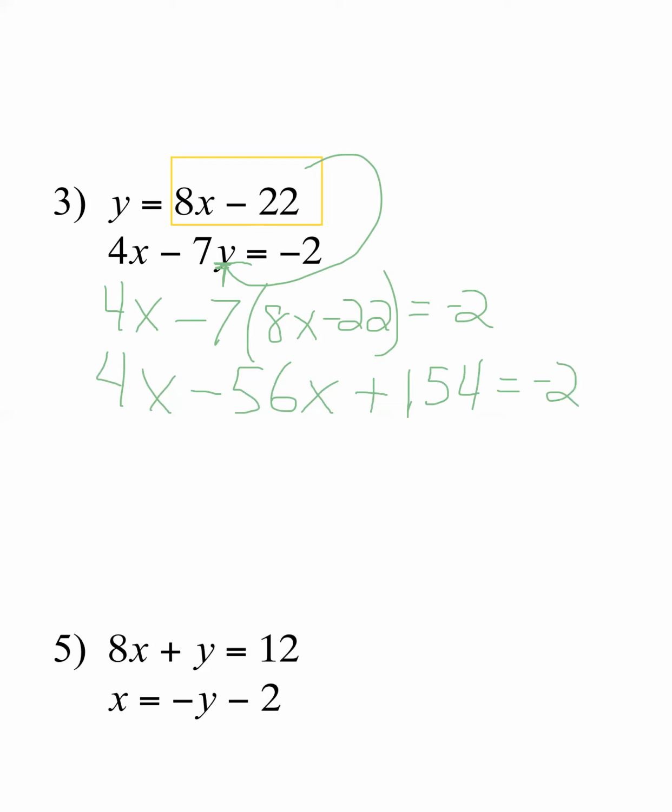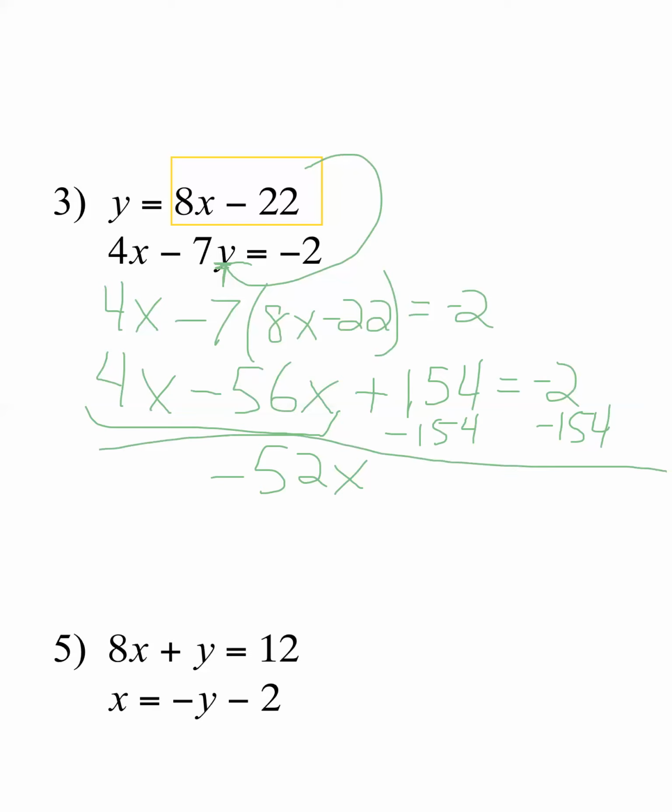All right, let's go ahead and solve. 4x minus 56x is going to get me negative 52x. Let's subtract 154 from both sides. It's going to get me negative 156. Divide both sides by negative 52.